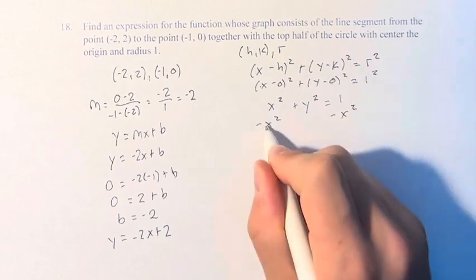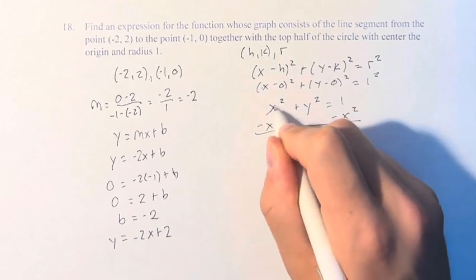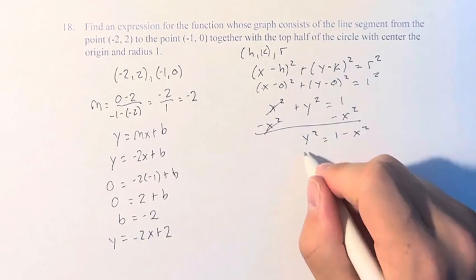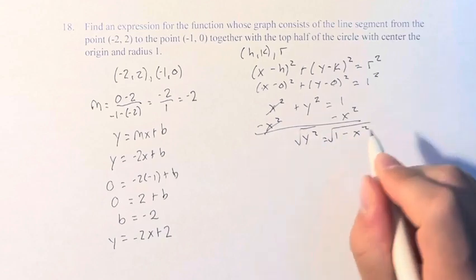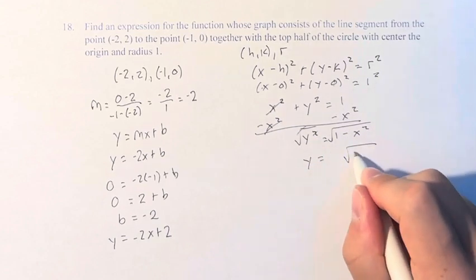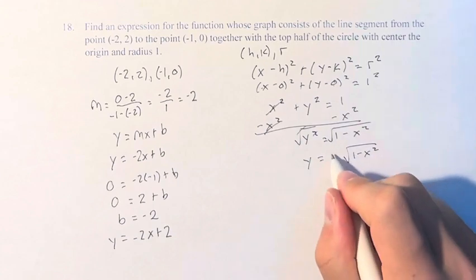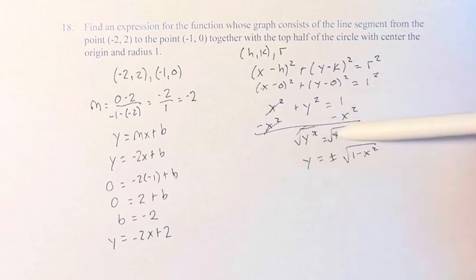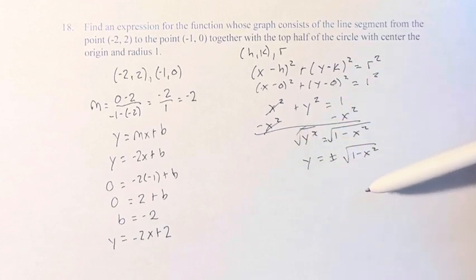Subtracting x squared from both sides, we get y squared is equal to 1 minus x squared. Taking the square root of both sides, the square root of y squared is just y, and this is equal to the square root of 1 minus x squared, except it has to be plus or minus, because the square root of a square could be negative or positive.